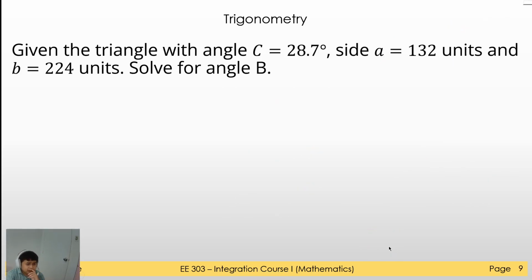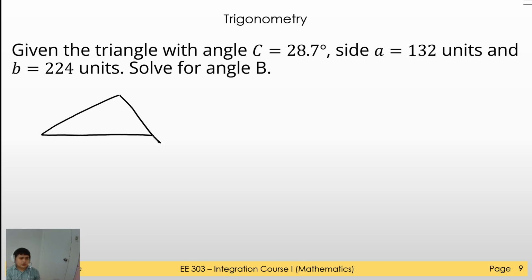Given the triangle with angle C, side A, and side B, solve for angle B. If this is the case, then we do not know if it is a right triangle. So probably this will be an oblique triangle, since we have two given sides and an angle. So let's visualize this.